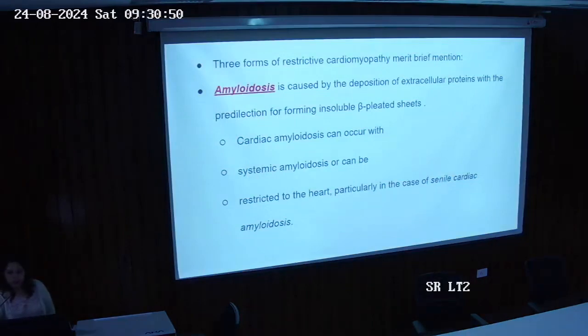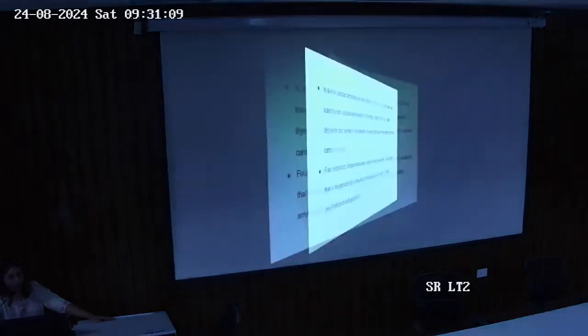So amyloidosis is caused by the deposition of extracellular proteins with a predilection for forming insoluble beta-pleated sheets. Okay, so it can cause cardiac amyloidosis, systemic amyloidosis, or it can be restricted to the heart, particularly in the case of senile cardiac amyloidosis.